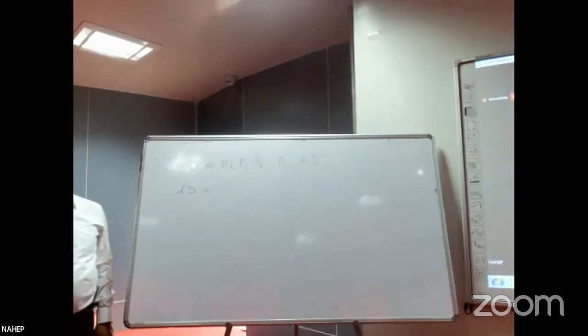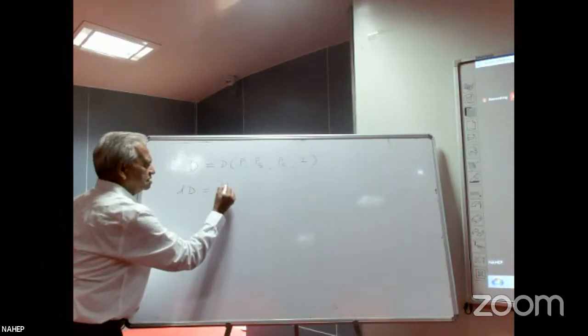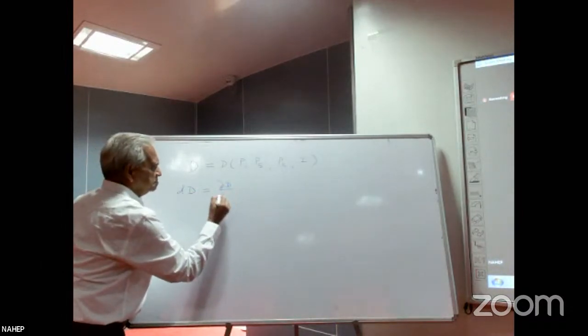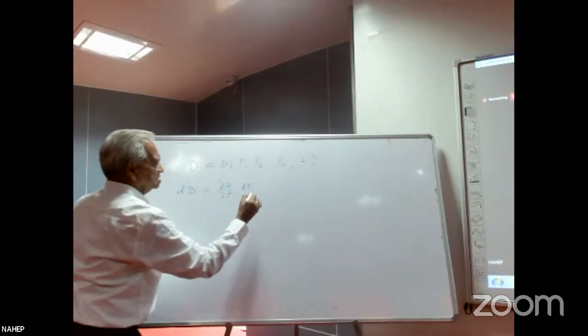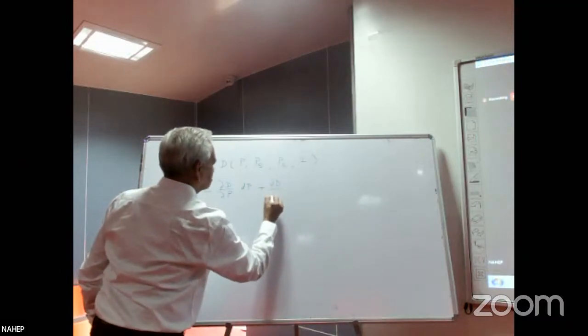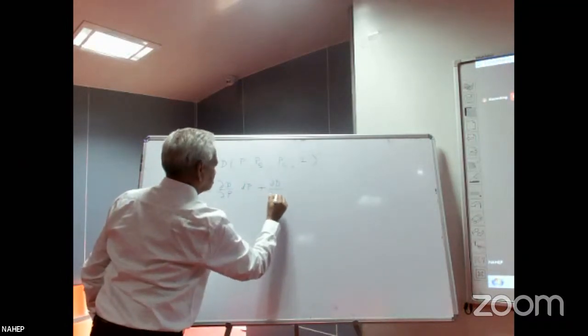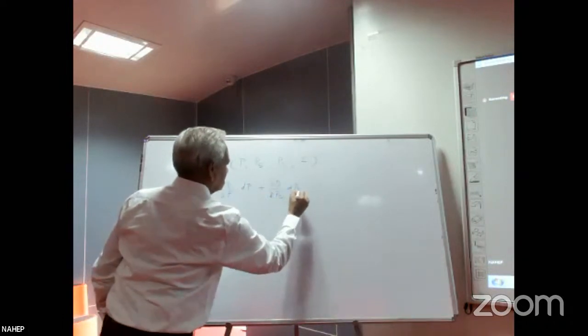What is a total differential? You take a partial differential with respect to price, dP. Then plus the differential with respect to price of substitutes, dPS.